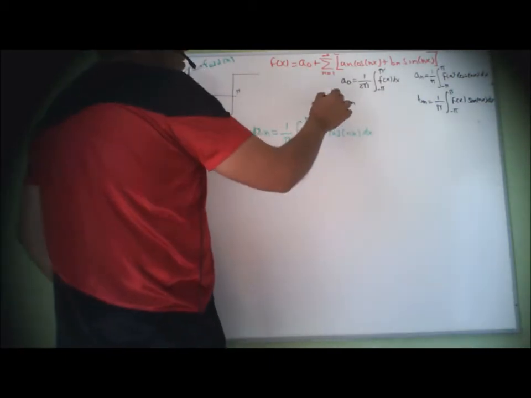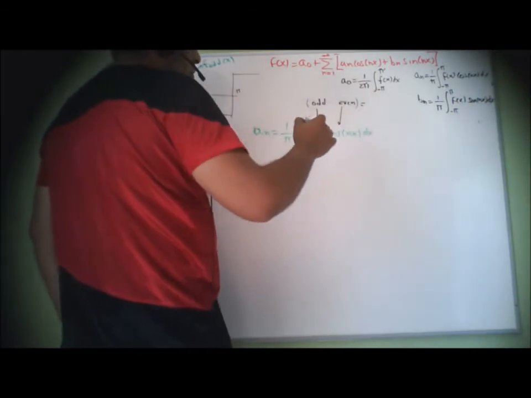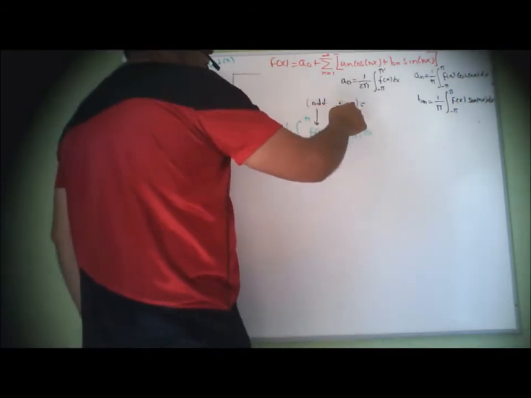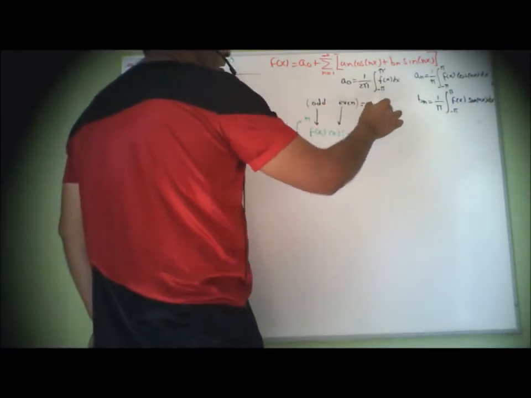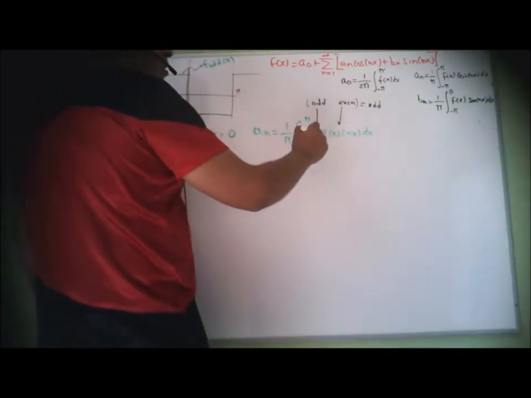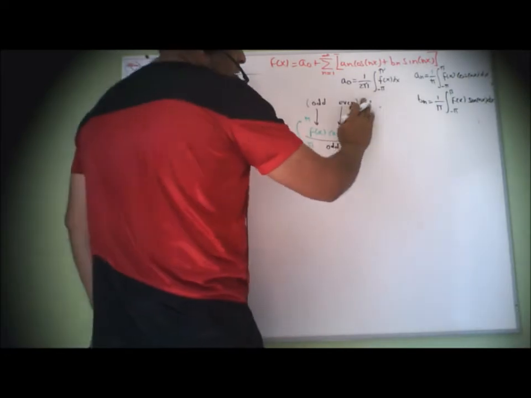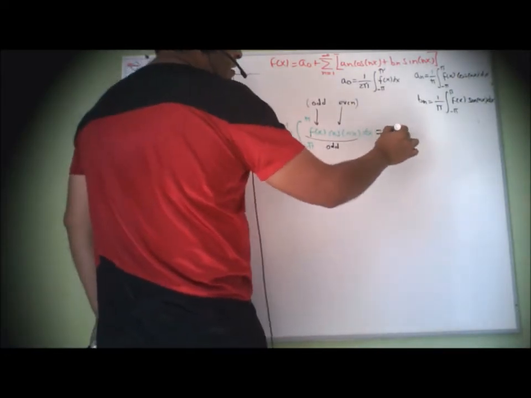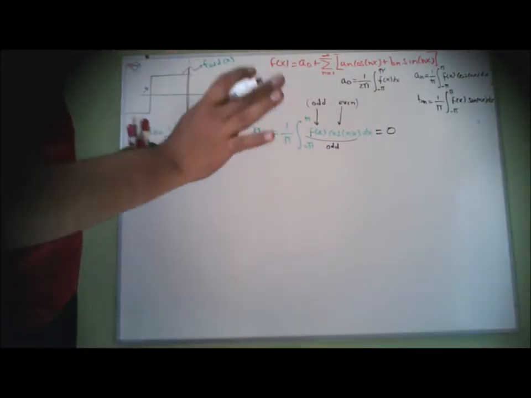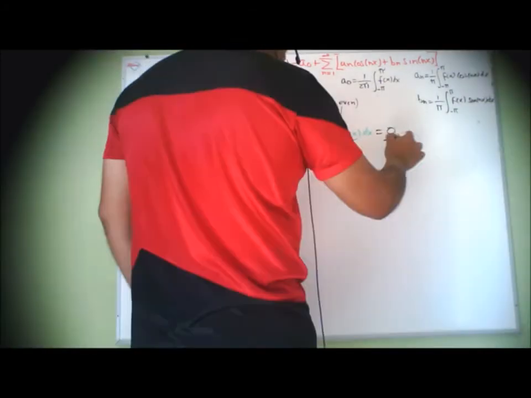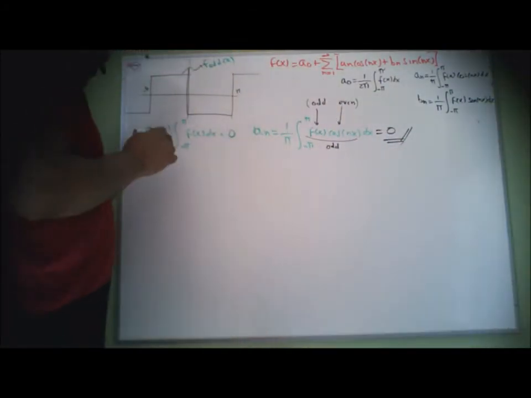So the multiplication is going to be how much? Well, the multiplication of odd times even is going to be odd. Now, the integral of an odd function is going to be actually 0. And that's it. So I'm not going to continue because it is actually 0.